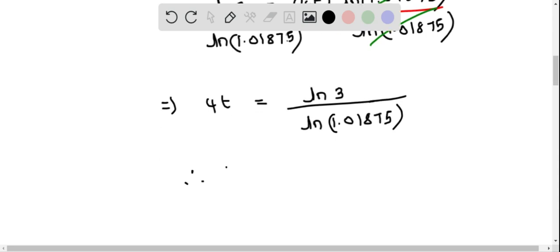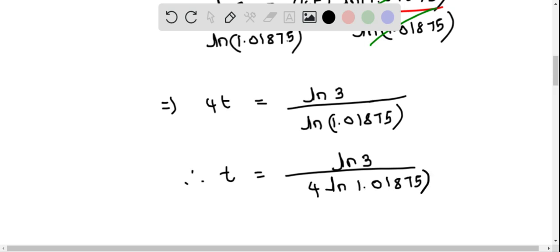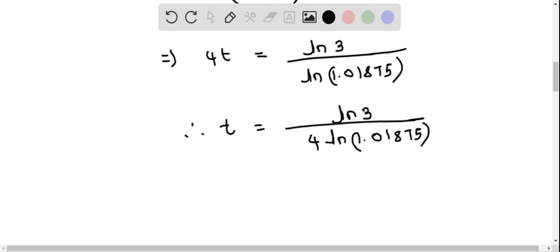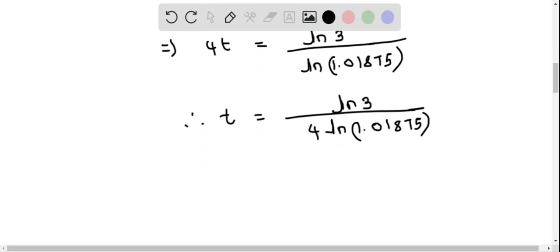And now we have to solve for t, so we divide both sides by 4. When we do that, we get the equation for t, that is t equals natural logarithm of 3 divided by 4 times natural logarithm of 1.01875. So this is the expression that we get for t, and we can plug this expression into the calculator.